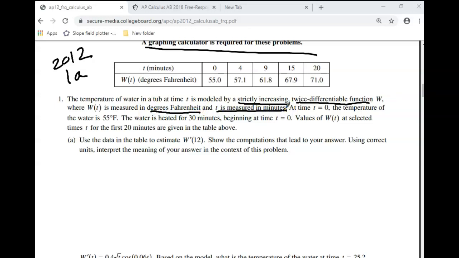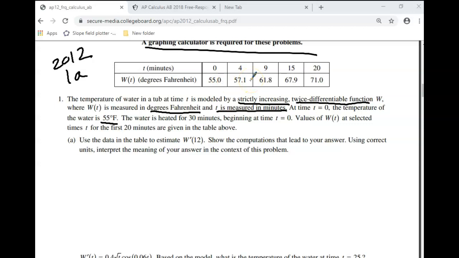At time t equals 0, the temperature is 55, which you can see from the table. The water is heated for 30 minutes, beginning at time t equals 0. Values of W(t) at selected times t for the first 20 minutes are given in the table above. So basically, we just have a bathtub being heated, and as time goes by, the temperature goes up.